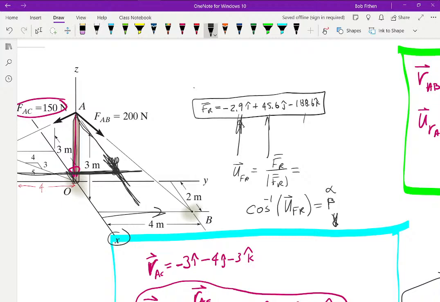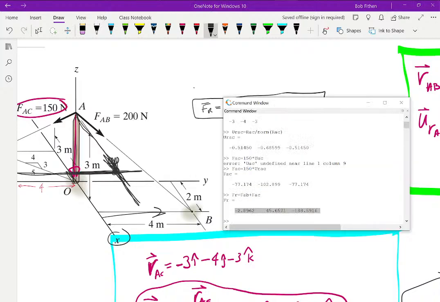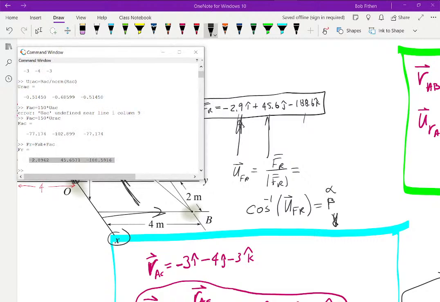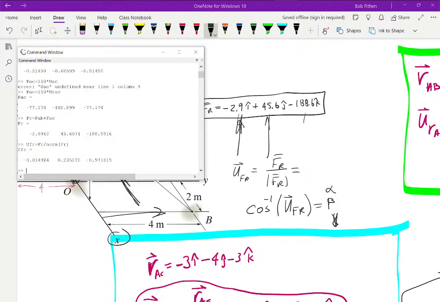So if I did that here, UFR would be FR divided by the norm of FR. Give me those values, and then I would want to take the arc cosine. I'd want my answers in degrees. You can get them in radians, that's fine.